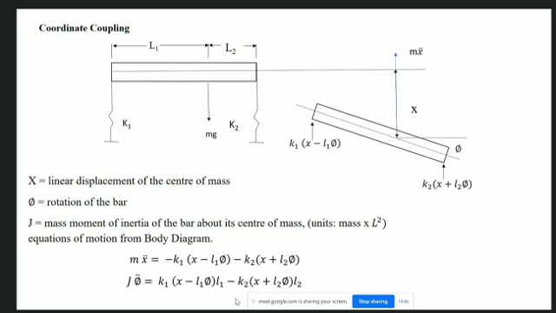Now we'll try to see that the coupling is arising due to a different reason. In the first case, whatever we have discussed, the coupling is occurring because both the masses carrying both the degrees of freedom are connected by springs.